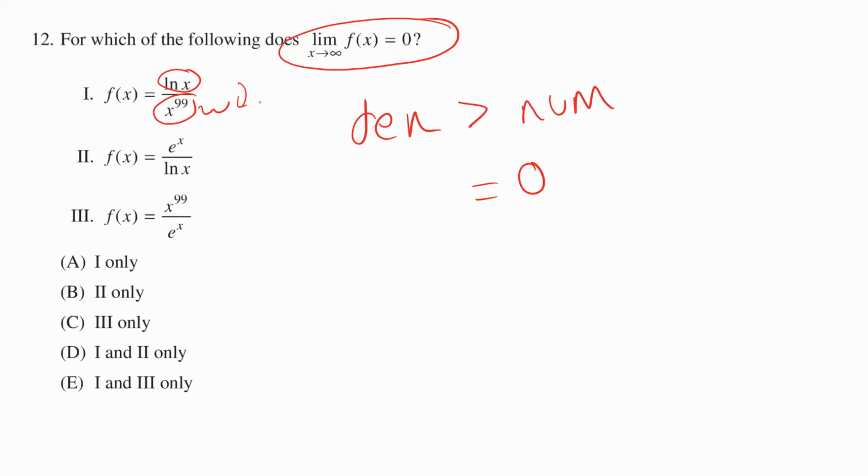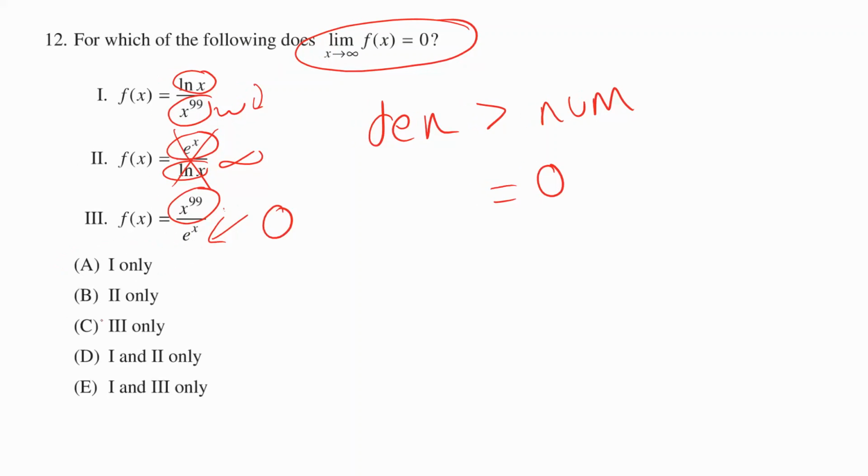So I'm thinking this one's going to for sure be it. Exponentials always win and beat logs, so that one's going to be an infinity. And then this is the one that, like if we had that race in pre-calc, x to the 99 looks big, but exponentials always win. So this one, the numerator, so it's going to be 1 and 3.